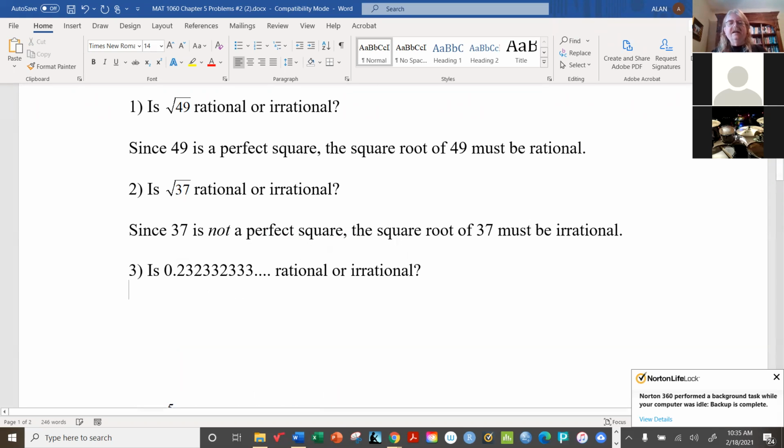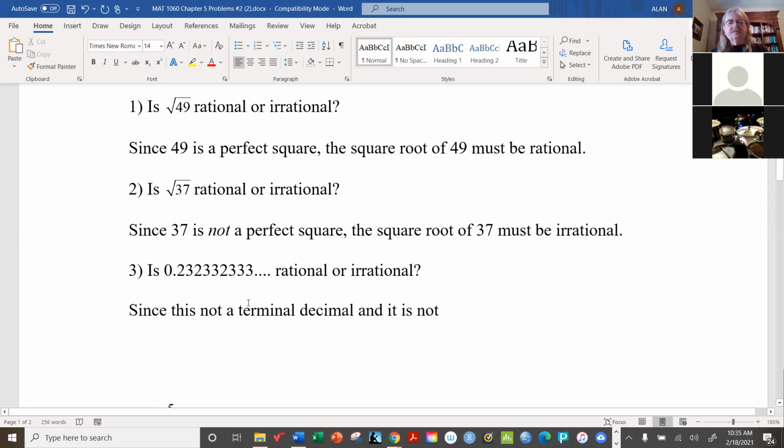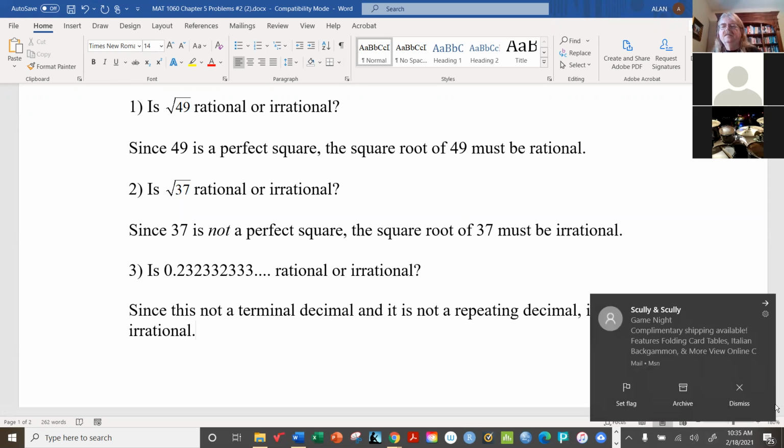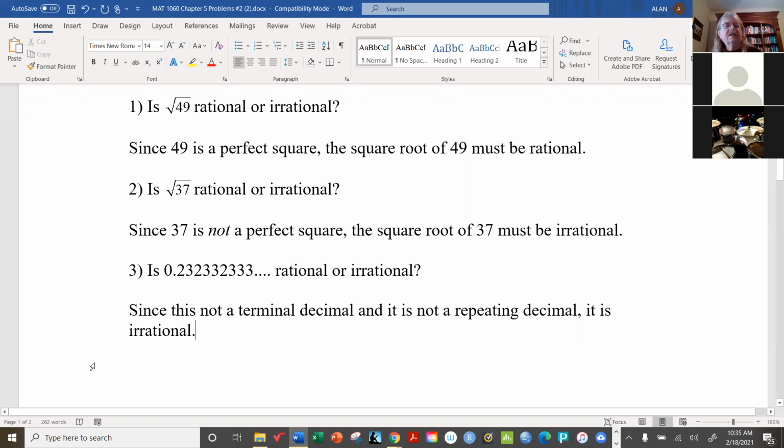So since this is not a terminating decimal, and it is not a repeating decimal, it is irrational. All right, we're not going to be able to find a ratio of integers that equals this number. Okay, it doesn't exist.